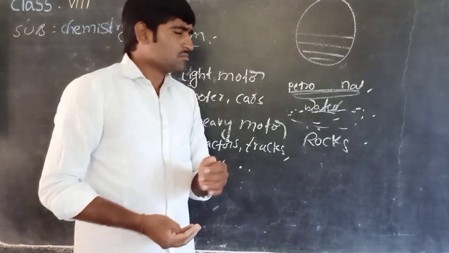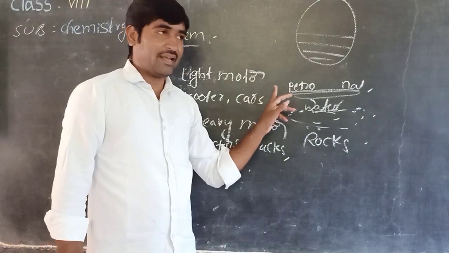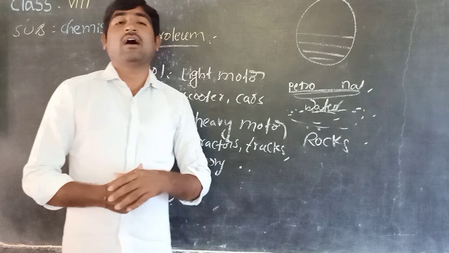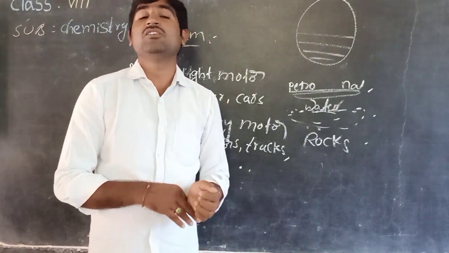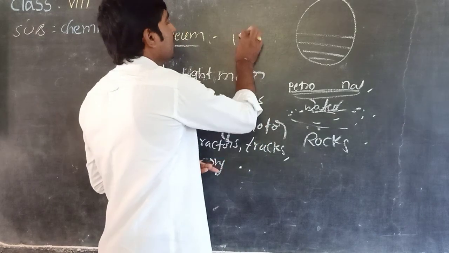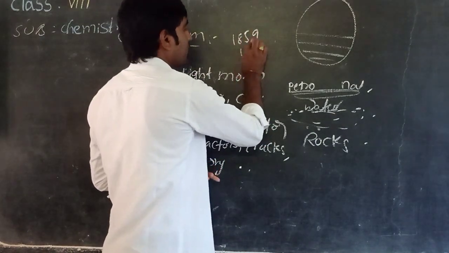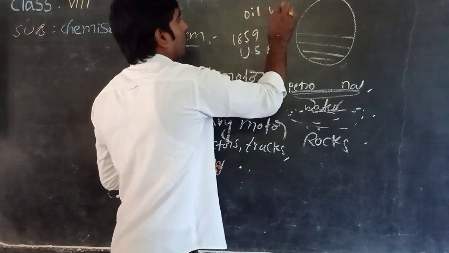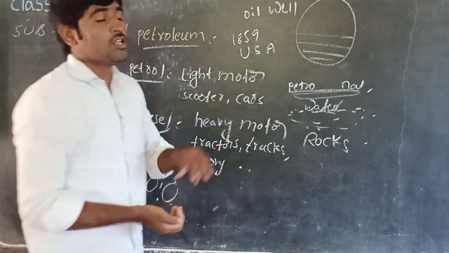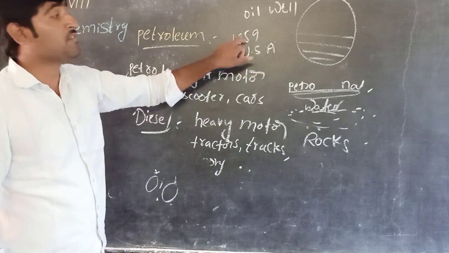Next, the first oil well was drilled in Pennsylvania, USA, in the year 1859.